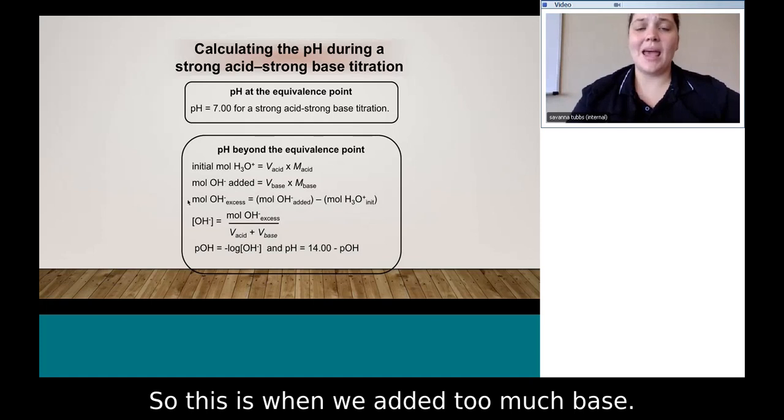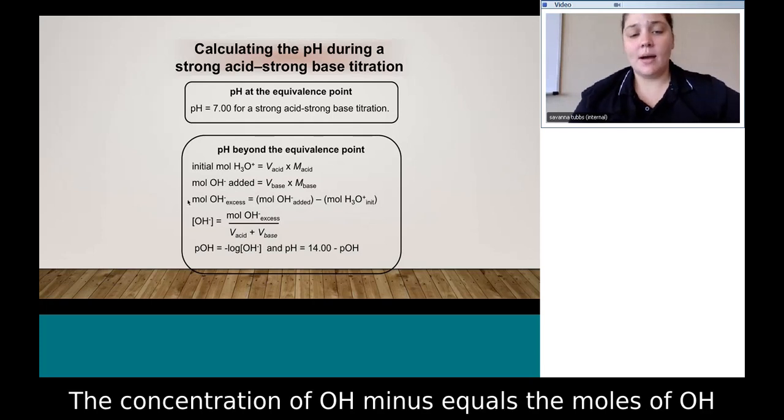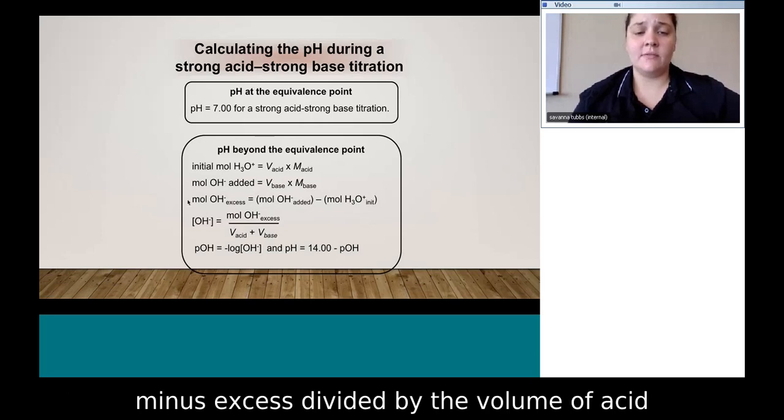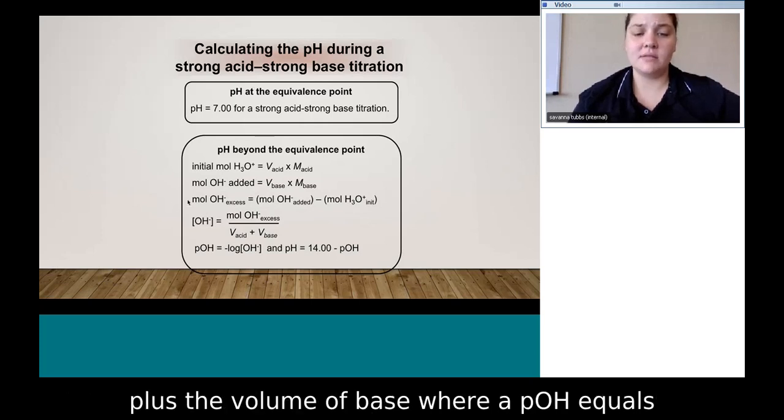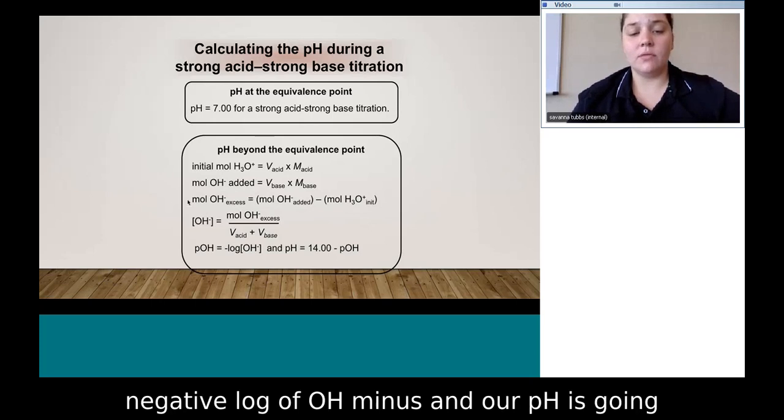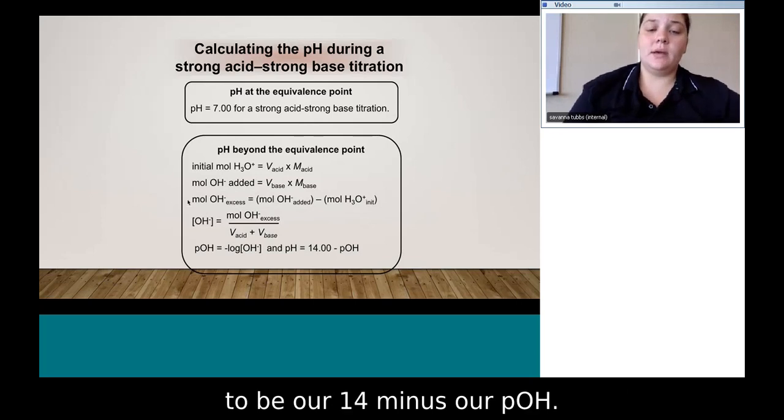So this is when we added too much base. The concentration of OH- equals the moles of OH- in excess divided by the volume of acid plus the volume of base, where our pOH equals the negative log of OH-, and our pH is going to be 14 minus our pOH.